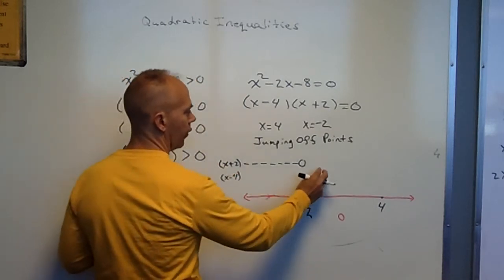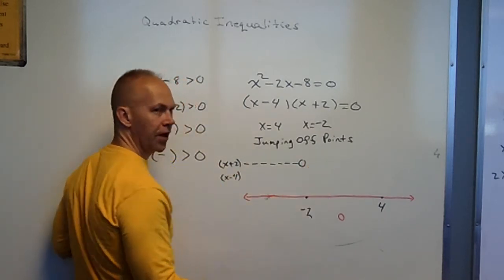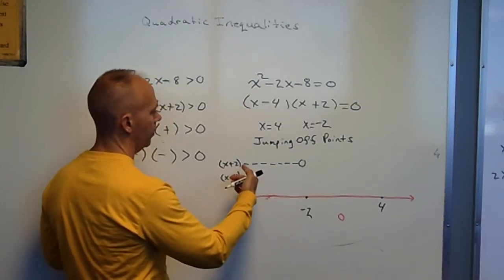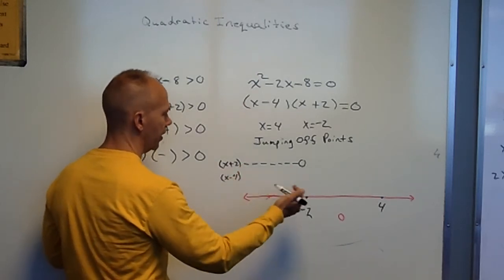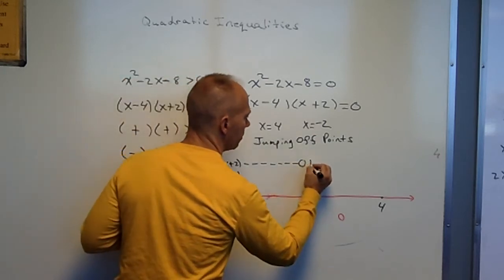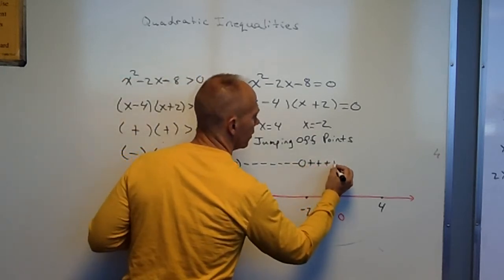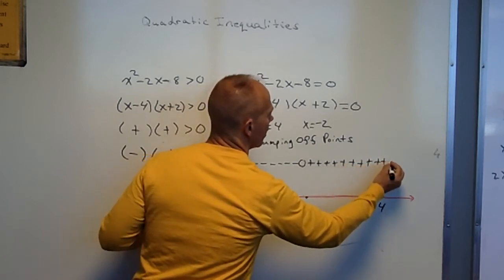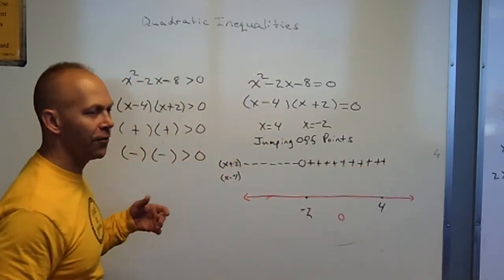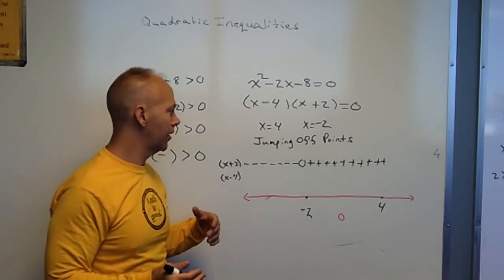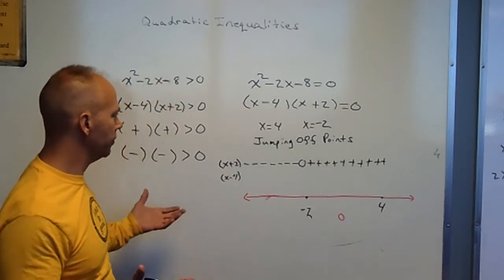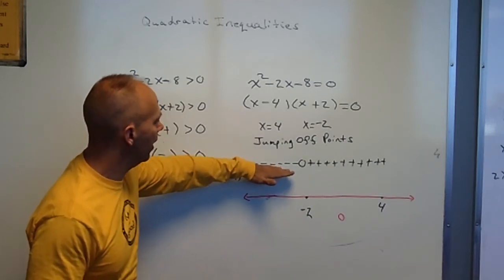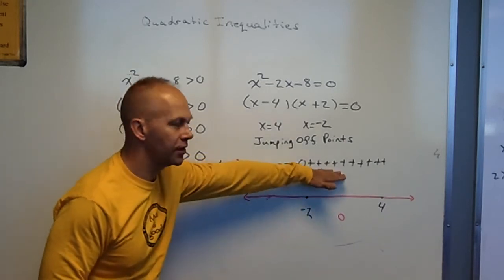And then for values of x after -2, plug in -1, 0, 1, 2, 3, etc. It turns positive. And that's why I call these jumping off points. Maybe there's a better term, switching points or something, because the factor jumps off at this point from negative to positive.